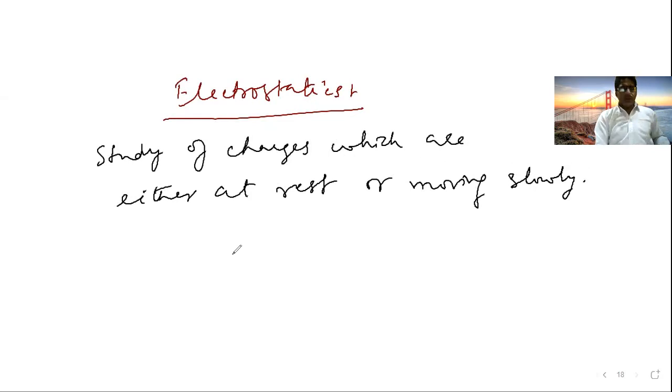So when we say we are studying electrostatics, that means we are studying the properties of charges which are either at rest or moving slowly so that their motion can be ignored.